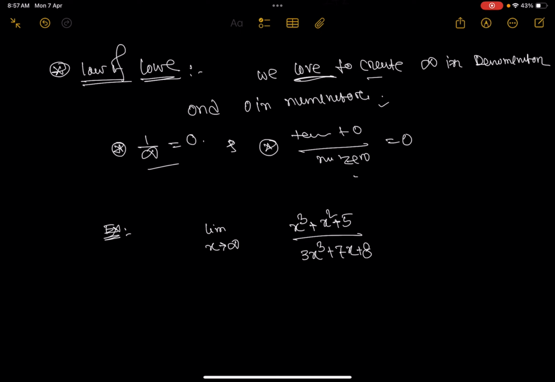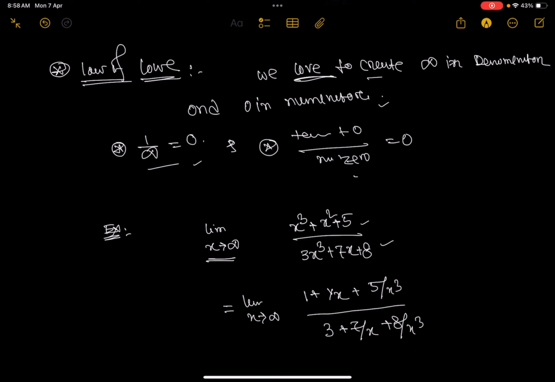Here we notice that the highest power is x cube. If we divide both by x cube, then these go to the denominator part, and as x tends to infinity, they go to 0. So limit x tends to infinity, if we divide both sides by x cube, we get 1 plus 1 by x plus 5 by x cube, over 3 plus 7 by x plus 8 by x cube.